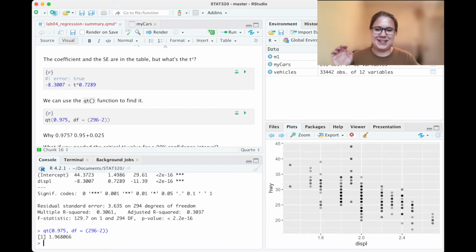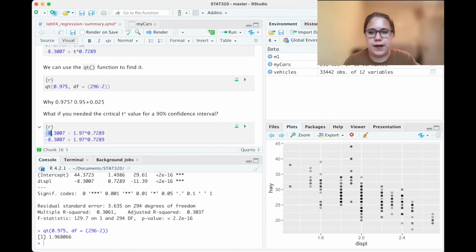We want the area such that there's 2.5% on either end, and that means that we want the area where 95% plus 2.5% is more extreme, so that's 97.5%. So my critical t-value is 1.968. That's very similar to the critical z-value that I have memorized about the normal distribution. It's a little bit different, 1.97-ish, but that's kind of what I would expect.